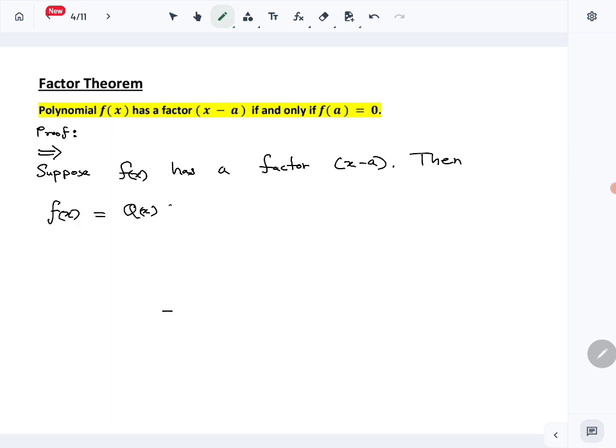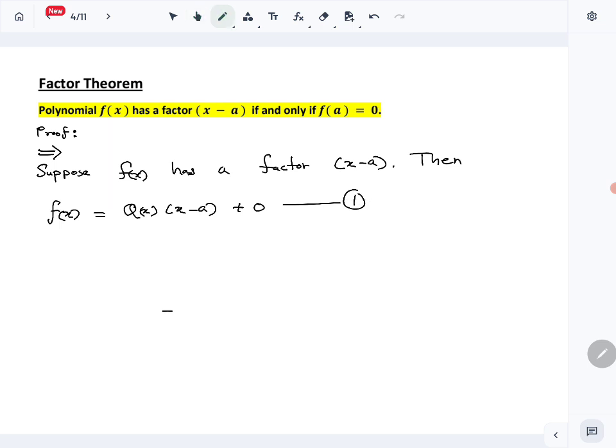Quotient times x minus a. What is the remainder? If it is a factor, remainder is 0. Remember that. So that is equation 1. You don't need to actually write the 0. I just wrote it to show you that the remainder is 0 when x minus a is a factor.